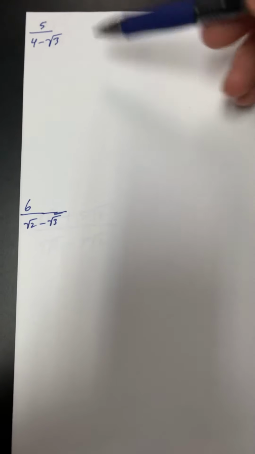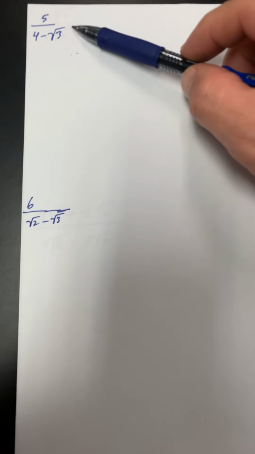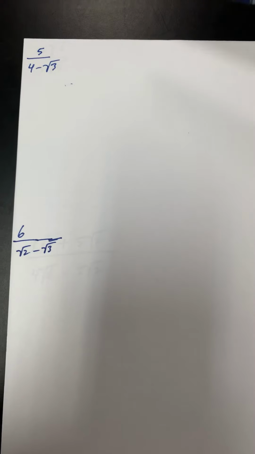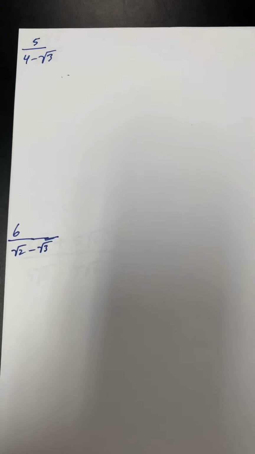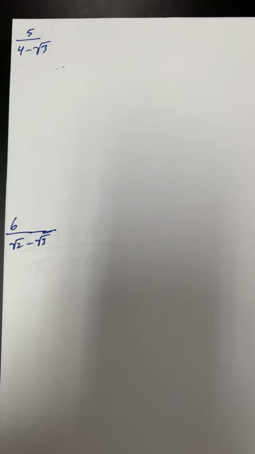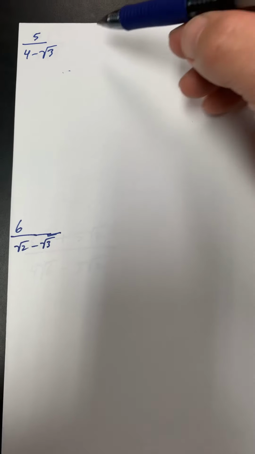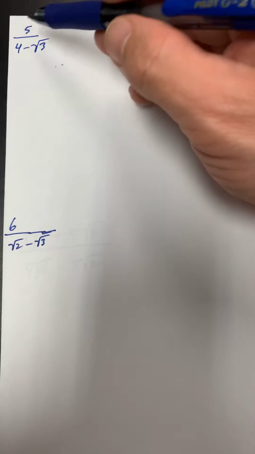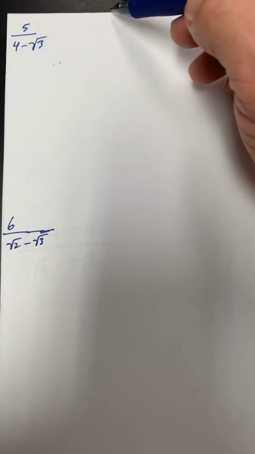Now, you're going to need to go up to the beginning of the lesson and make sure you understand what a conjugate is, okay? So we're going to use conjugates as we do this example. So you'll see what it is, but basically, let's take this first one, 5 over 4 minus the square root of 3.